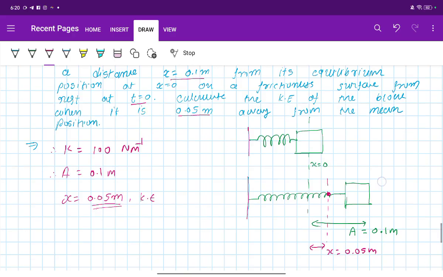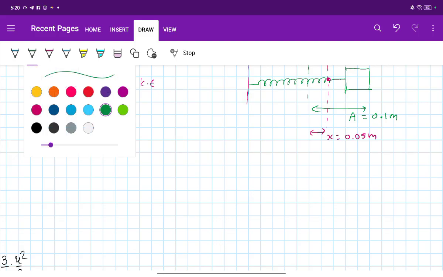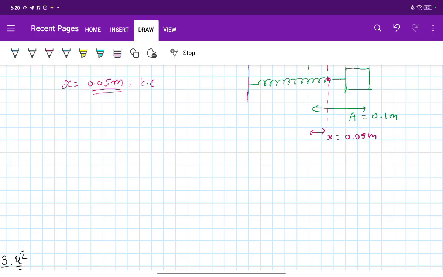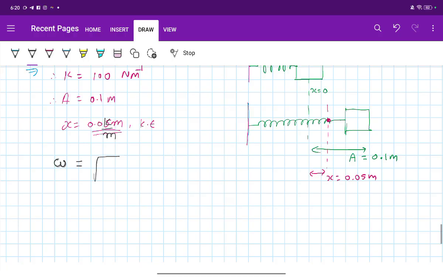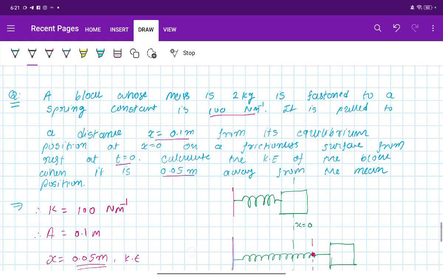So first of all, let's find out its angular frequency. The angular frequency of this block would be under root k by m, right? The constant is given, that is 100, and the mass is also given, I think 2 kg.